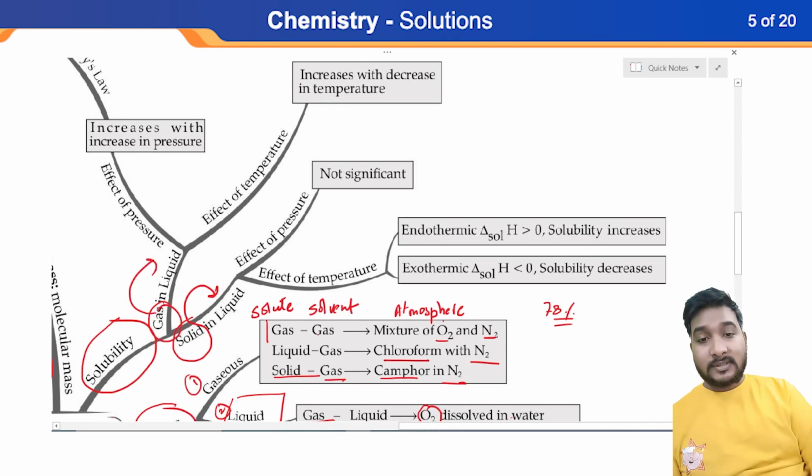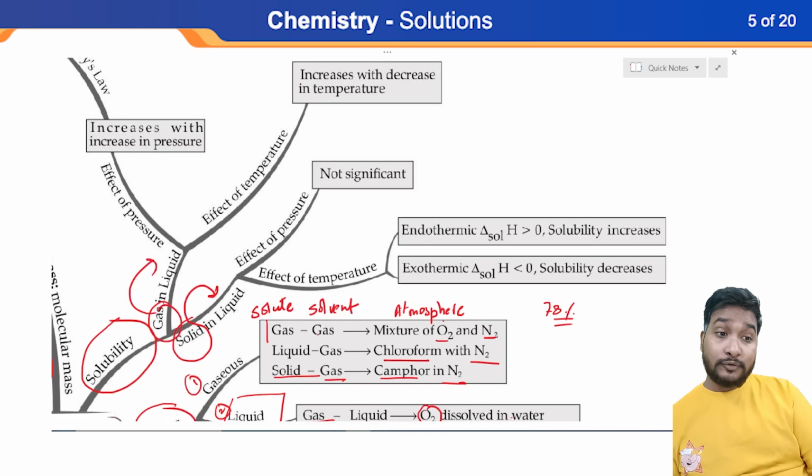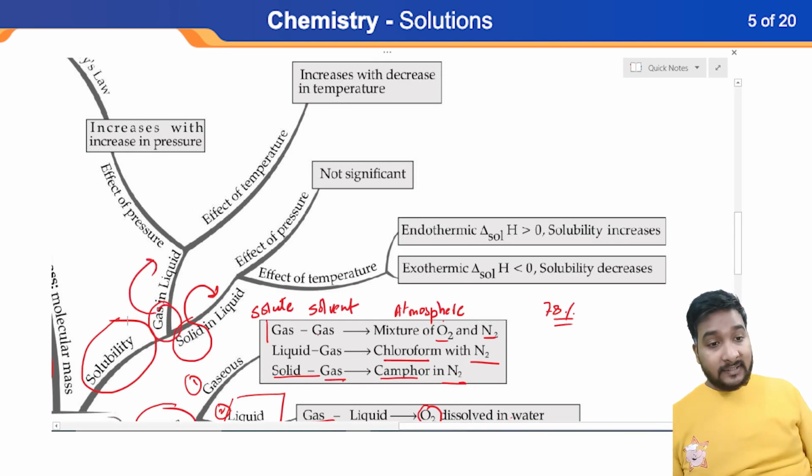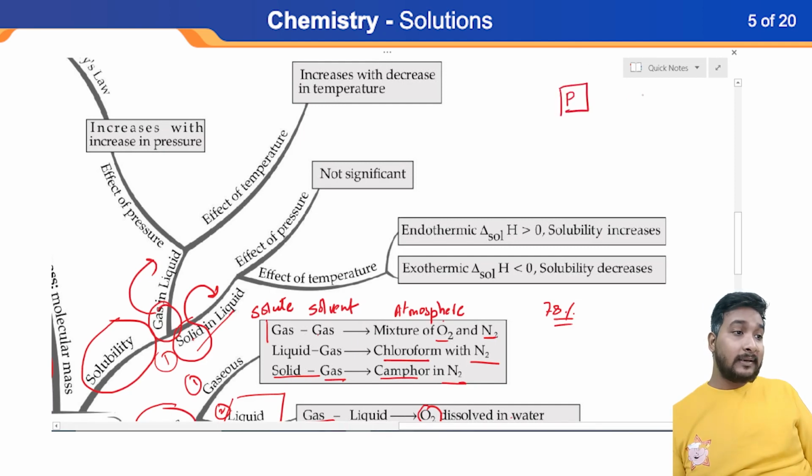The first example was dissolution of salt in water, which is a very good example of solid in liquid. So we are observing the first case, solid in liquid. If you want to dissolve solid in liquid, you don't need to apply pressure. For solubility, we have to observe two different kinds of physical quantities, that is pressure and temperature.